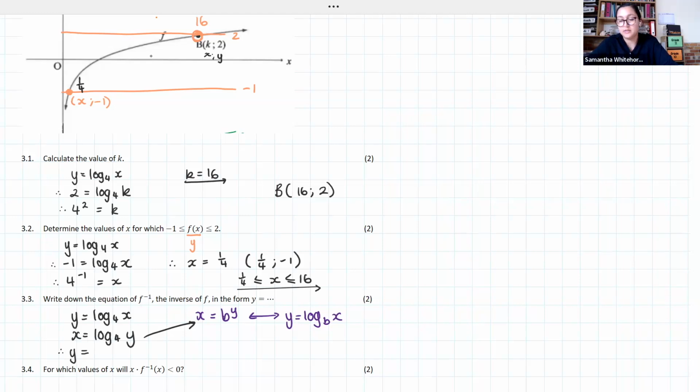Nice. I'm assuming that's an exponent. I know that's not the easiest thing to type, exponents.